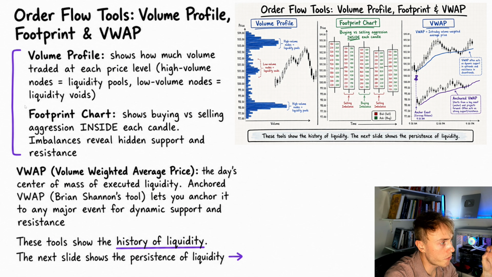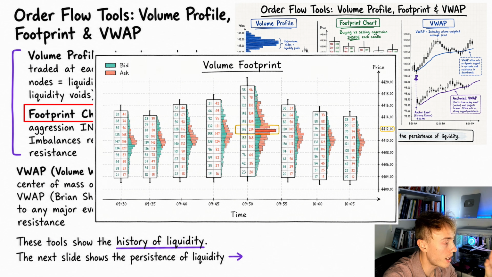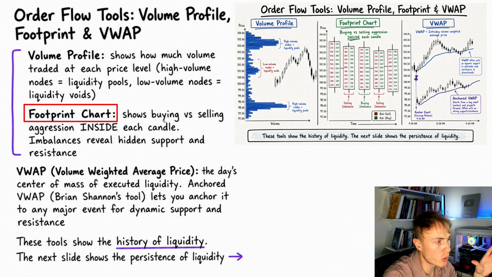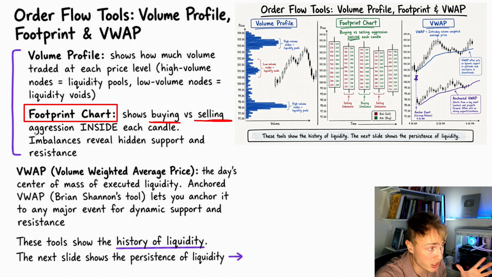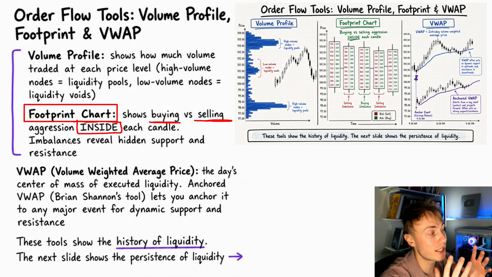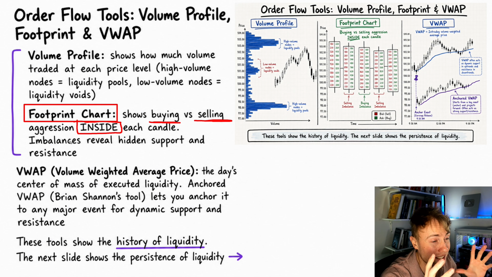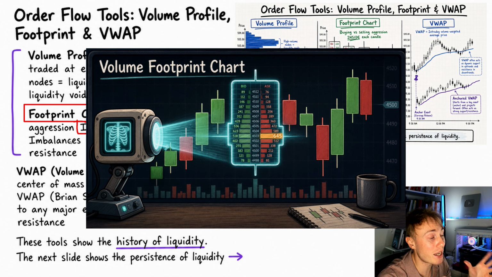The next order flow tool I want to take a look at is the footprint chart. The footprint chart basically shows you the buying and selling aggression that happened inside the candlesticks. I like to see volume footprint charts basically as having an X-ray to be able to look at what happens inside the candles themselves.